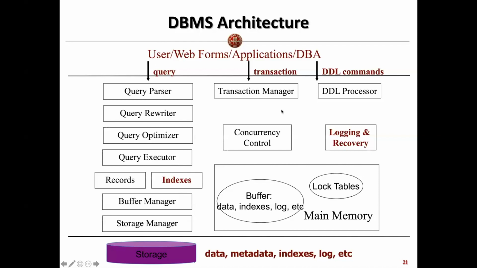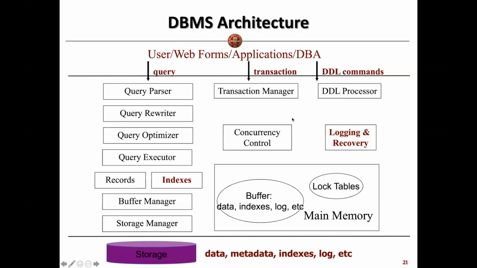And when a transaction comes in, the process will be very similar. We have one transaction manager, which will translate the transaction into multiple queries, and then we go to the query processing as well. And when the DDL commands come in, we have a DDL processor, and we translate the commands into some queries as well, and then execute them.